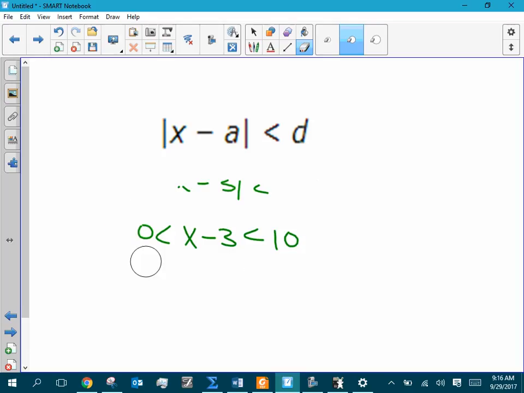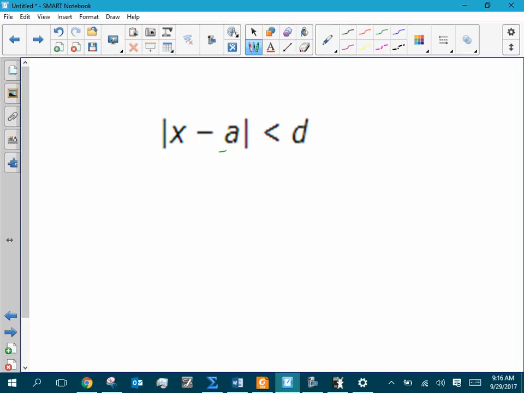So that's kind of the approach here, that we're still viewing that as a number and that as a number. So when we rewrite this, we're going to go X minus A is less than D, but X minus A is greater than negative D. So now I'm going to solve for X again, so we're going to add A to both sides, or all three sides, I guess. Add A here, add A there, add A there.